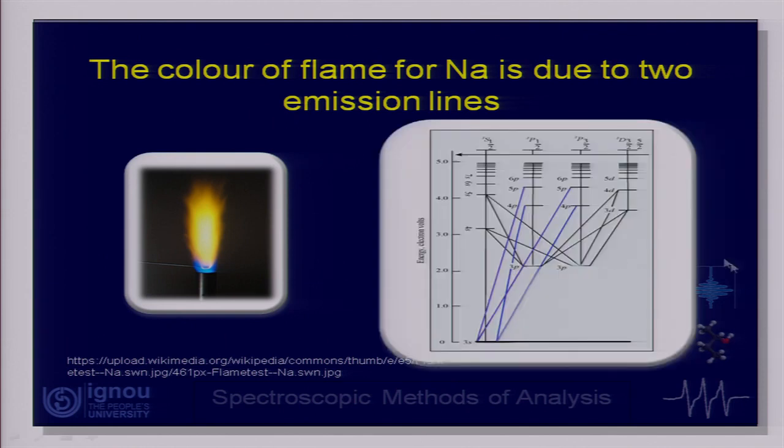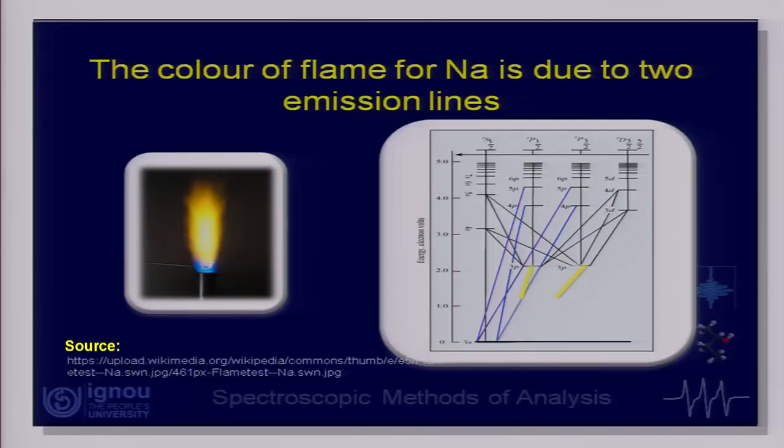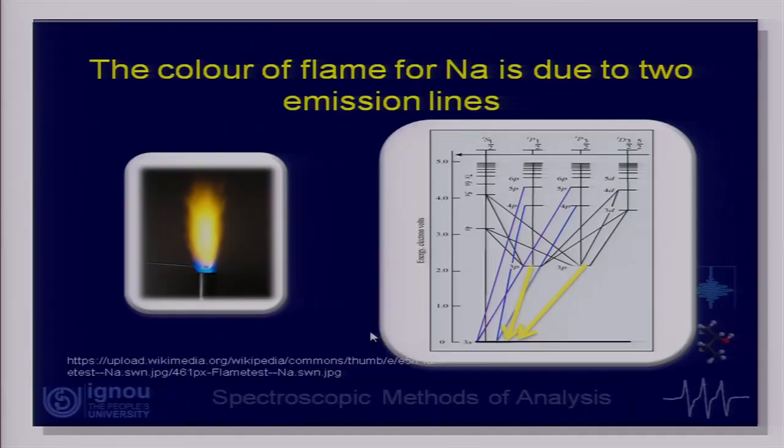To begin with, the system is at a higher energy level, and that higher energy level is achieved by putting the sodium into the flame, because I am giving thermal energy by which the sodium ions have got excited. Now, when they relax down, they give out the following two radiations, and that is what is seen as the yellow color. So, this basically is a kind of atomic emission spectroscopy in a way. Okay. Let us go further.